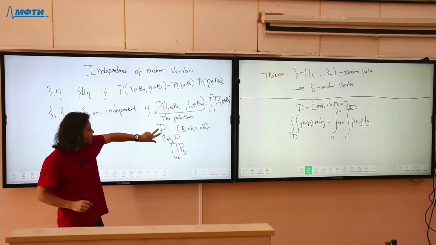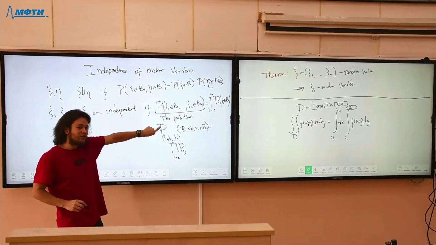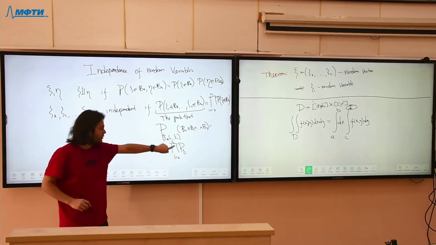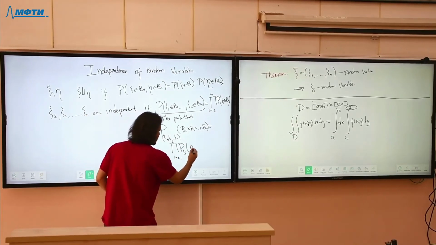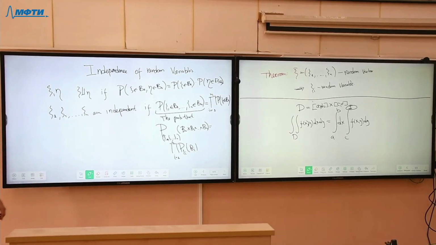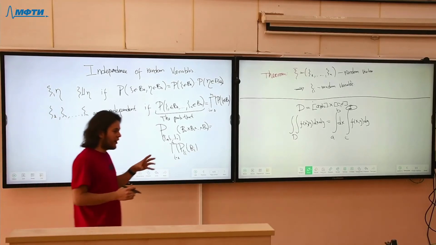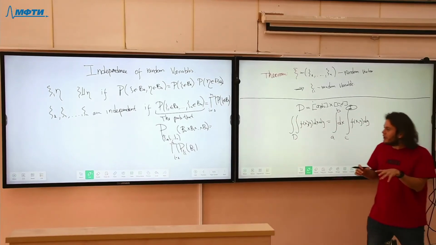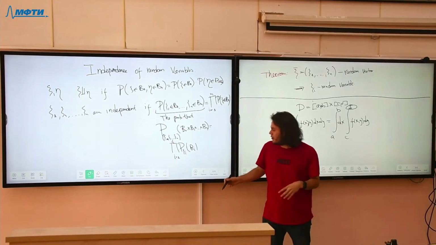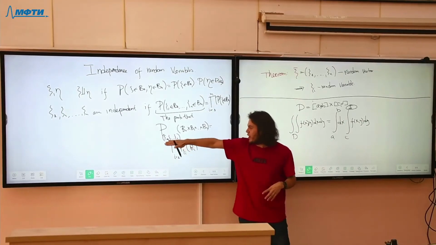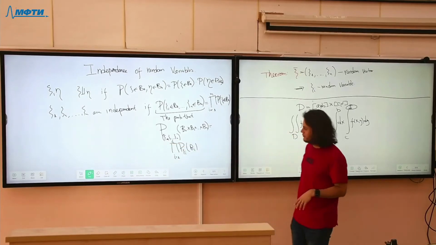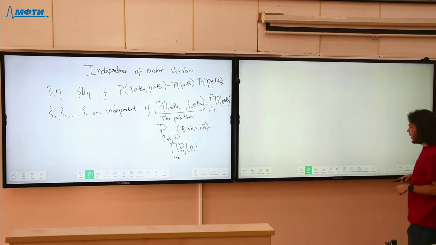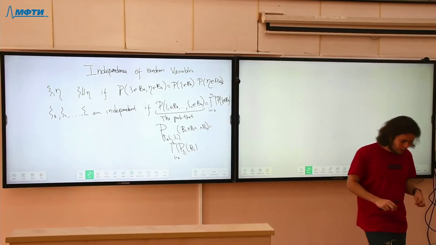So here we have the n-dimensional probability distribution, and here we have the one-dimensional probability distribution, right? So using the probability distribution, we can actually find out if these random variables are independent. So here we have random variables, and here we have a random vector. Okay? Good. And we can write this in the following way. This is exactly how.